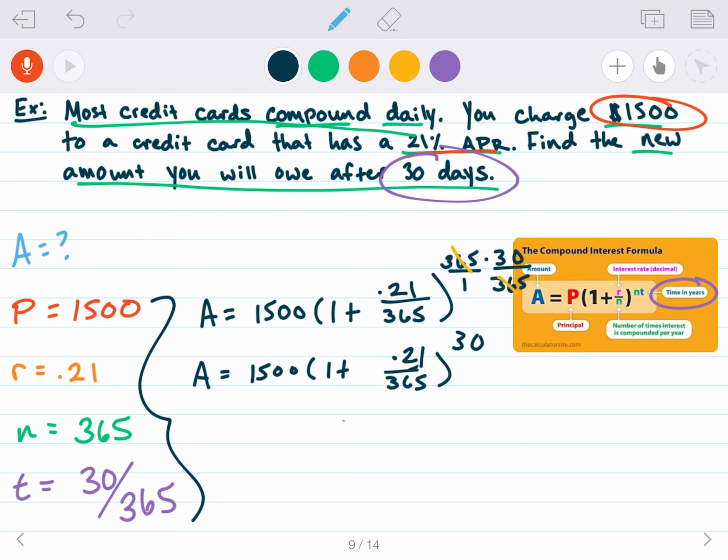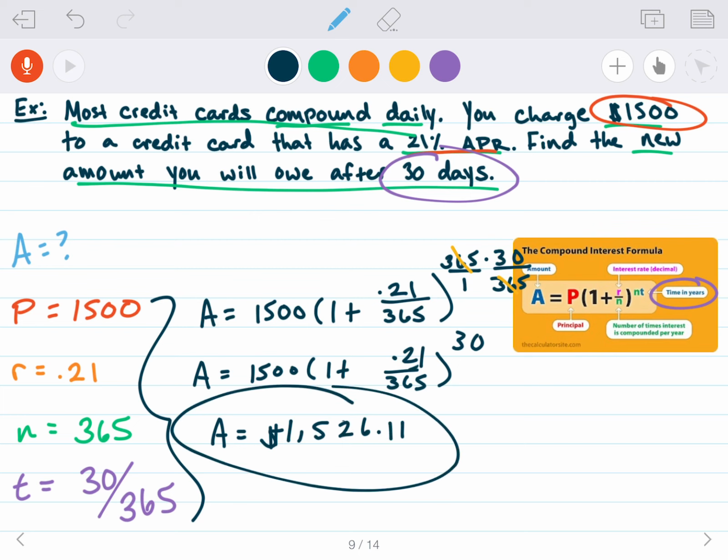Let's do this again. Okay, 0.21 divided by 365 plus 1, all raised to 30, times 1,500, and I'm getting, okay, this looks better, $1,526.11. So this is how much money your credit card balance is going to go up after 30 days. So it's going to go up basically by $26 with this interest rate and this balance.